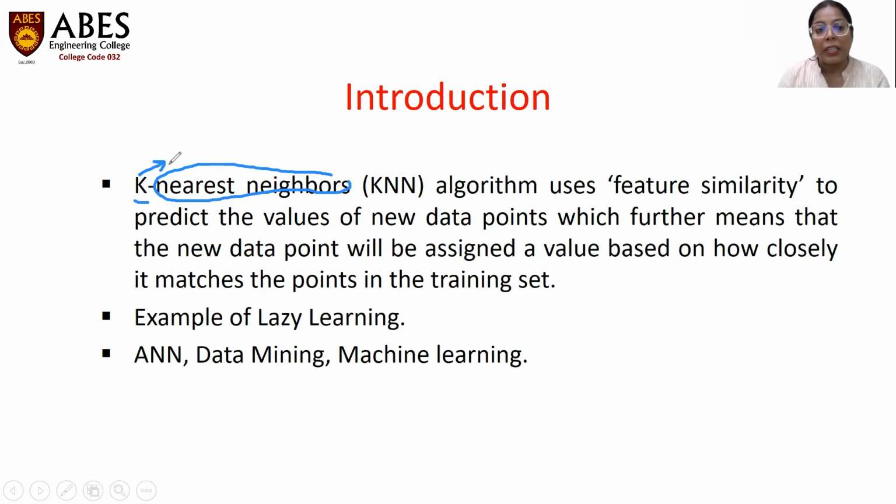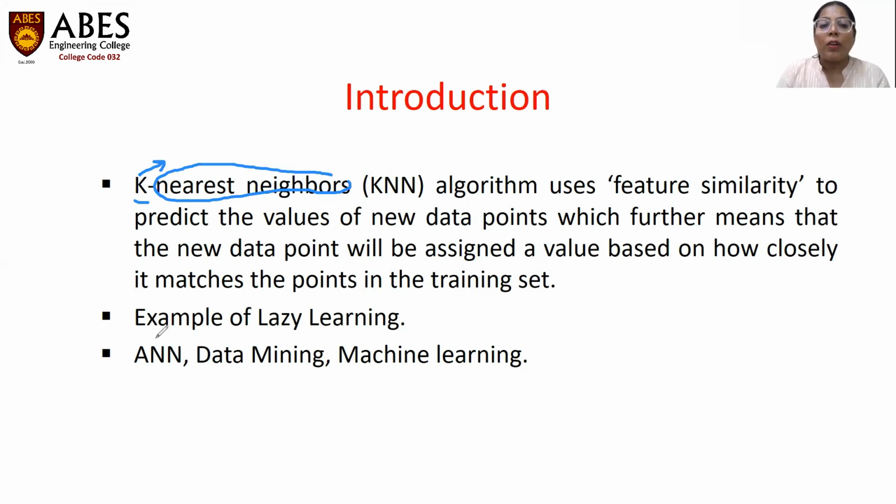That means you can say K is the number of closest neighbors. And for what purpose is this algorithm used? It is used for prediction based on the nearest neighbors, and K will be the number of nearest neighbors.